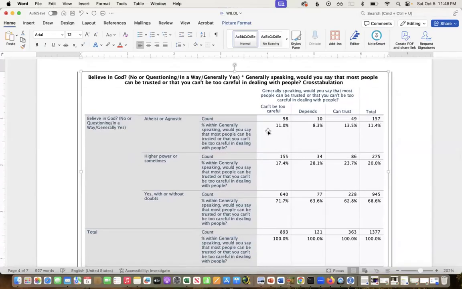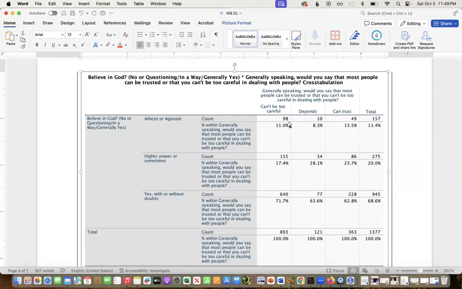Let's look at this first one. So this is the outcome being atheist or agnostic. So we can see just over 10% of people who said you can't be too careful dealing with people, so less trusting, were atheist or agnostic. Just under 10% of people who said it depends in terms of trusting were atheist or agnostic, and then a little bit over 10% of people who said can trust were atheist or agnostic.